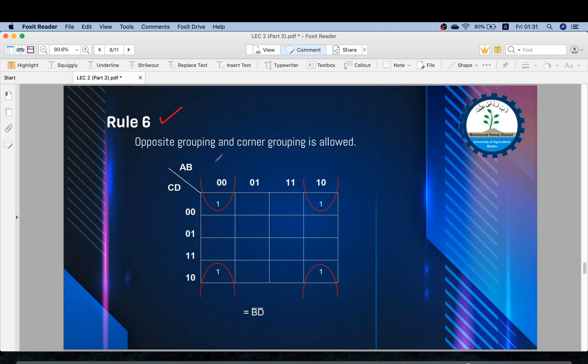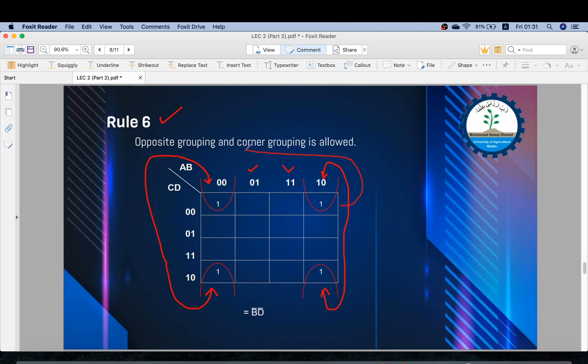For example, here we have one variable and here we have one variable. We have to learn that this corner is mutually connected with this one, this corner is mutually or virtually connected with this one, same with this, and same with this.